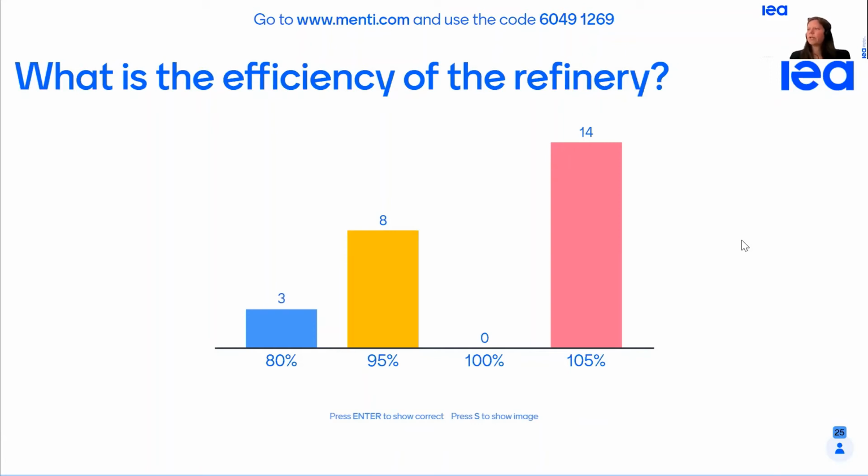Okay, so a majority is voting for the 105%, but quite a few people also answered 95%. So we'll have a look. The correct answer was 105%, and I will explain now why.